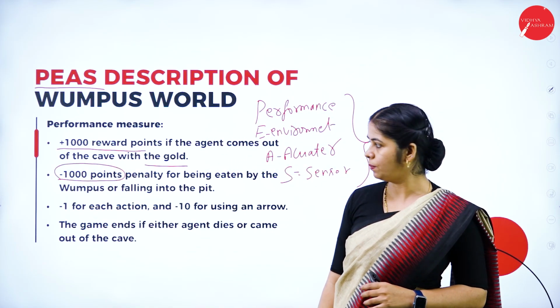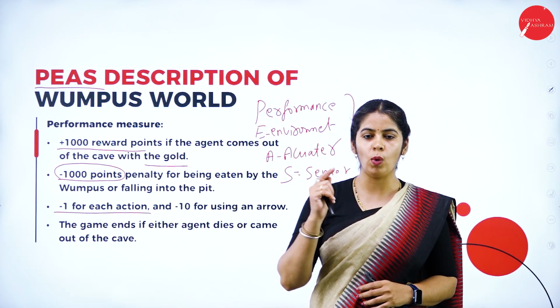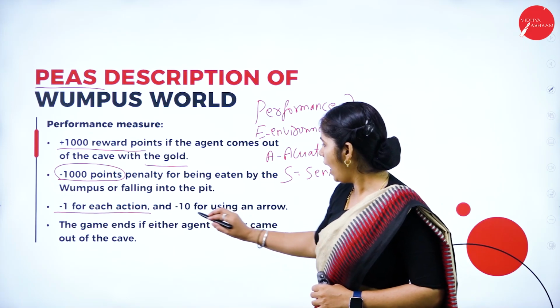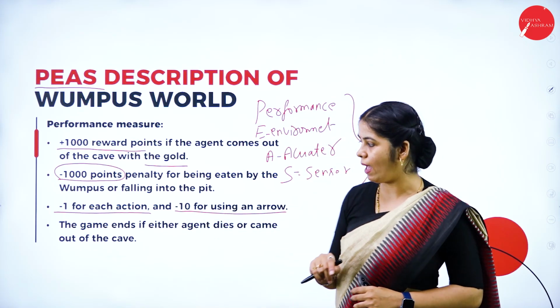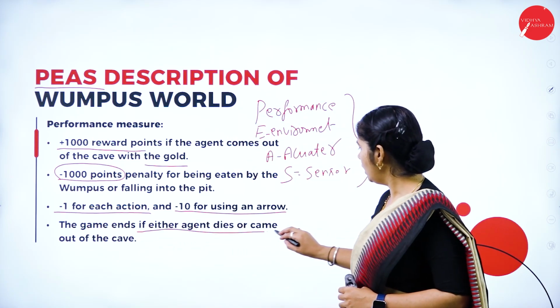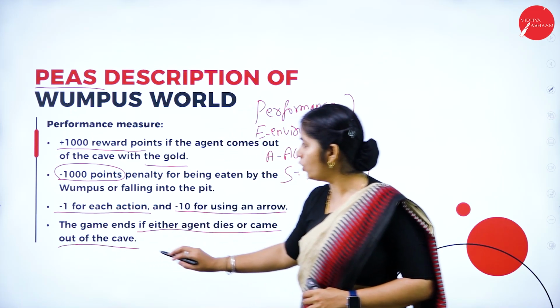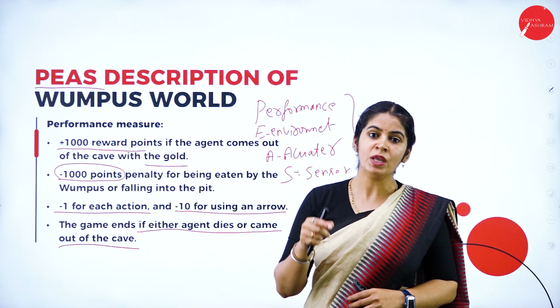For each action he loses 1 point, and minus 10 for using the arrow to kill the Wumpus. The game ends when the agent either dies or comes out of the cave.